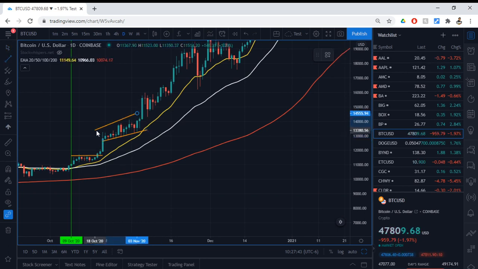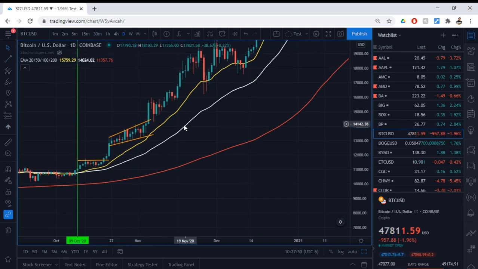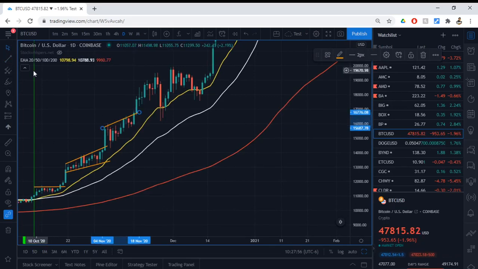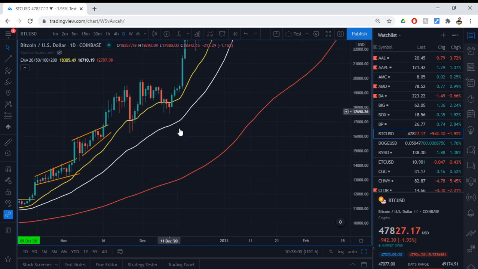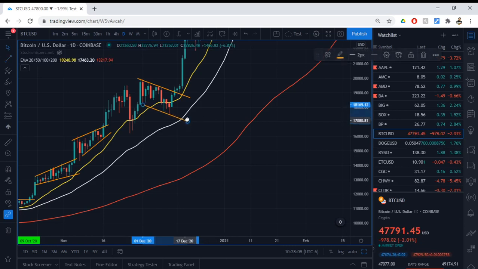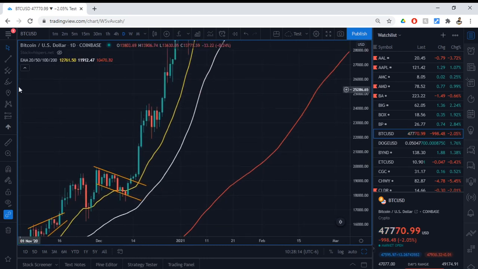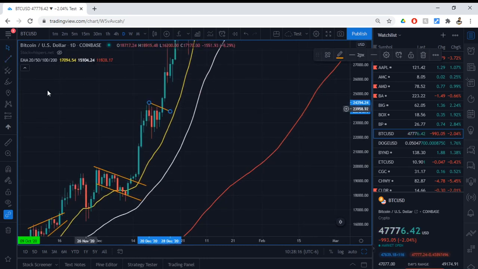We could have used these triangles that we find as price moves up. We talked about this in another trading session. Just finding these patterns, we could have entered the trade at any time on any of these bullish continuation patterns that we've talked about, right?